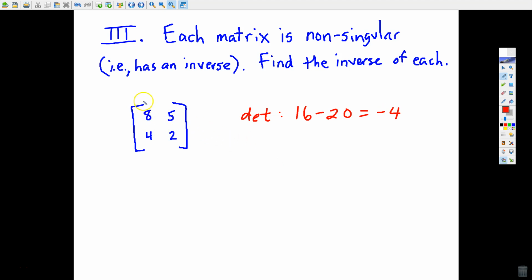To find the inverse, I'm going to go ahead and label these like I did yesterday when we were talking about finding the determinant. To find the inverse of a 2 by 2, which is really all we're going to worry about, since to do the inverse of a 3 by 3 you really need a graphing calculator. So we're just going to stick with 2 by 2 square matrices. You're going to use this little formula.